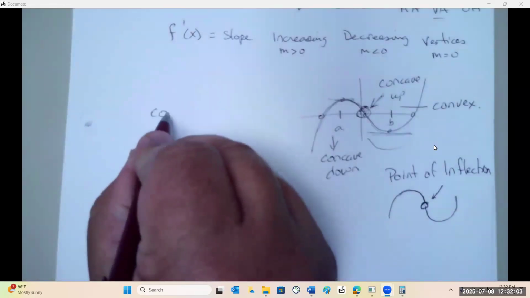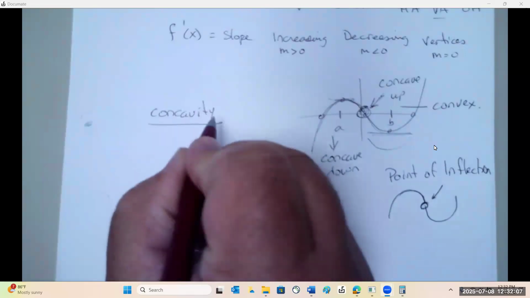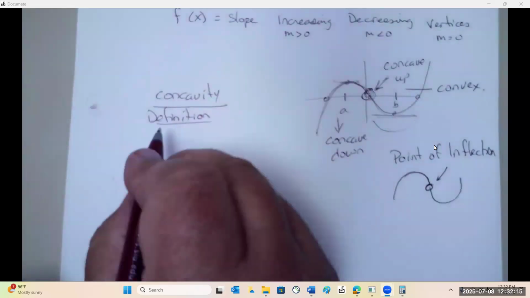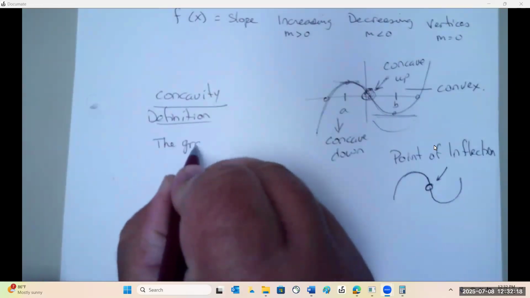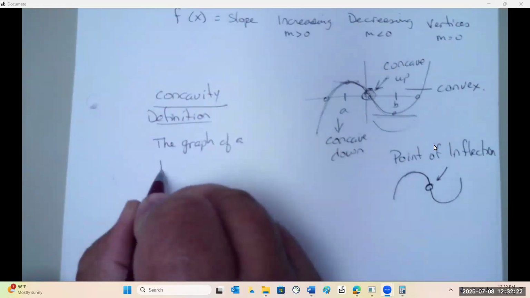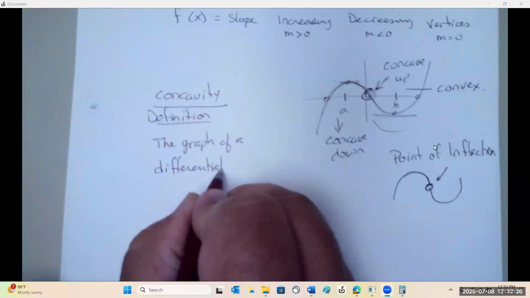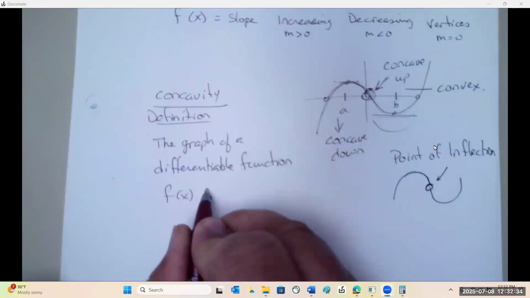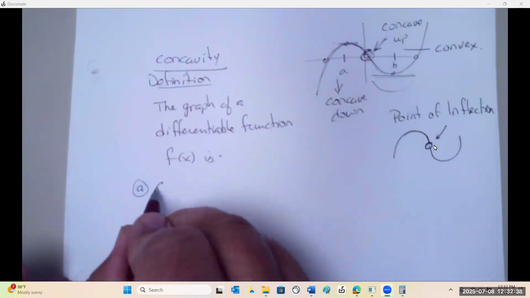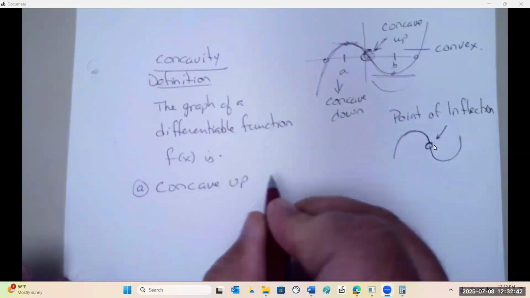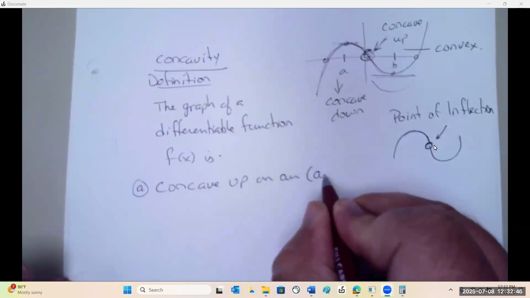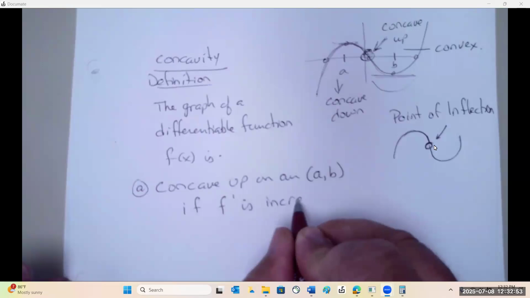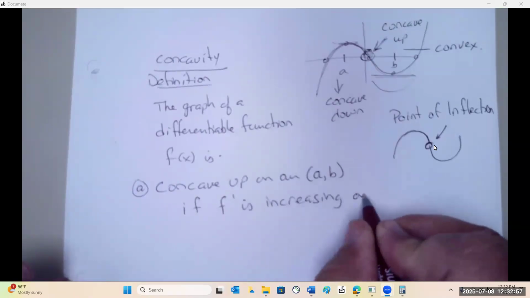So let's define concavity. Definition. The graph of a differentiable function f of x is concave up on an open interval if f prime is increasing on the interval.